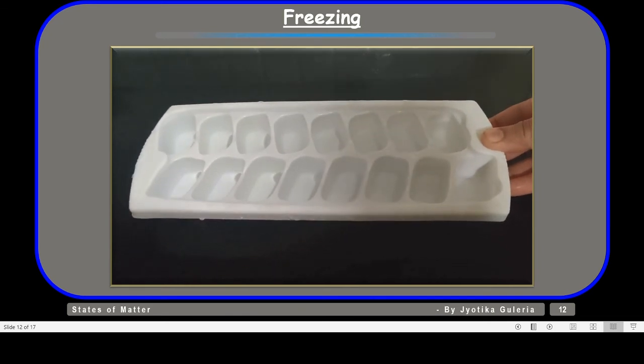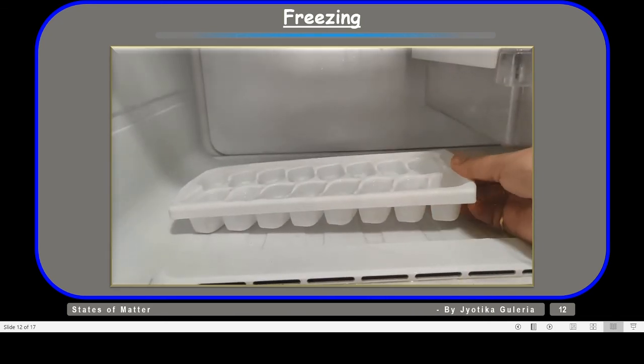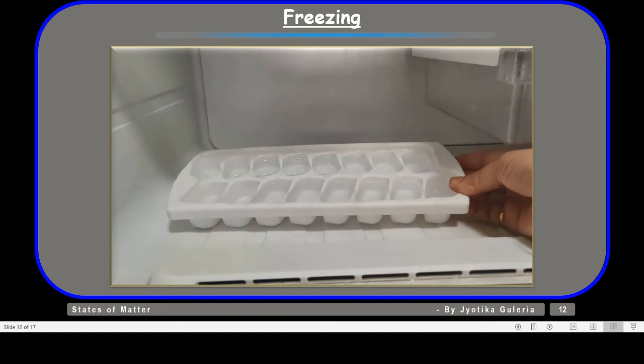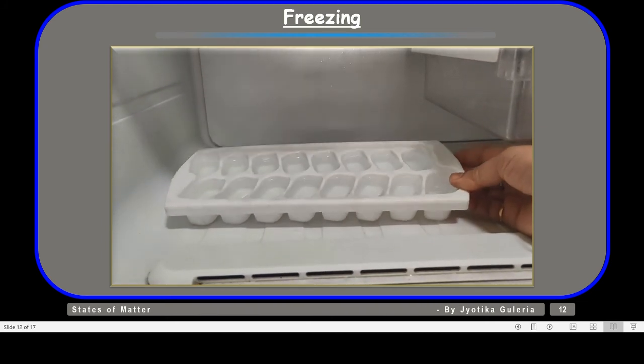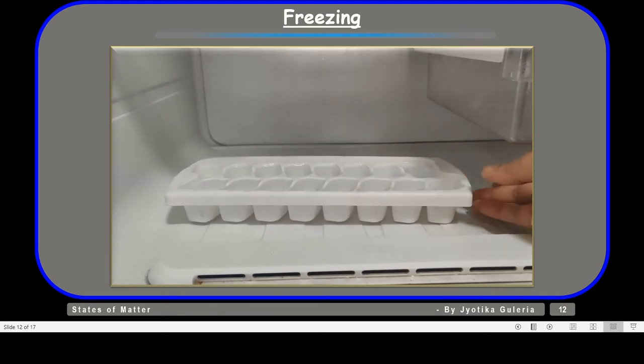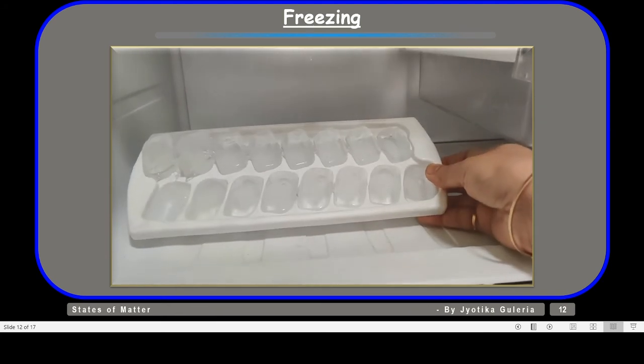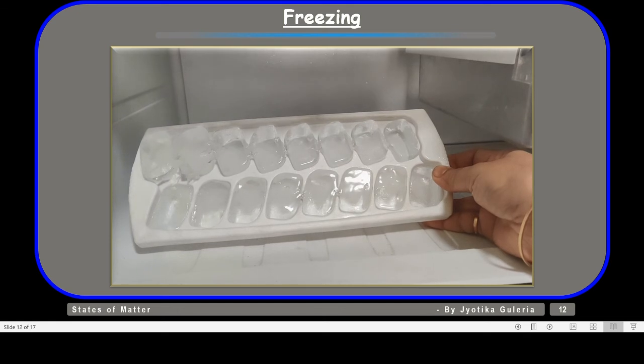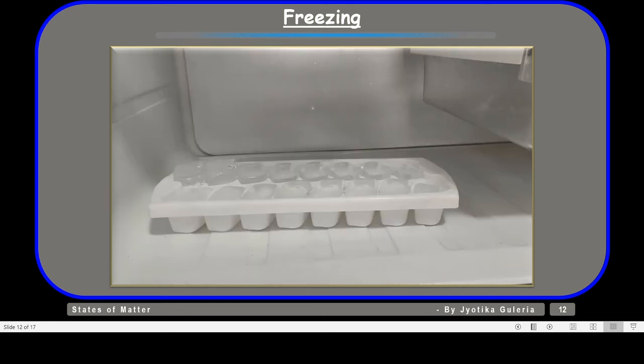Now we'll keep this tray in the fridge for a few hours. And now we know that on cooling, the particles will come closer and then they will solidify and we'll get ice cubes like this.